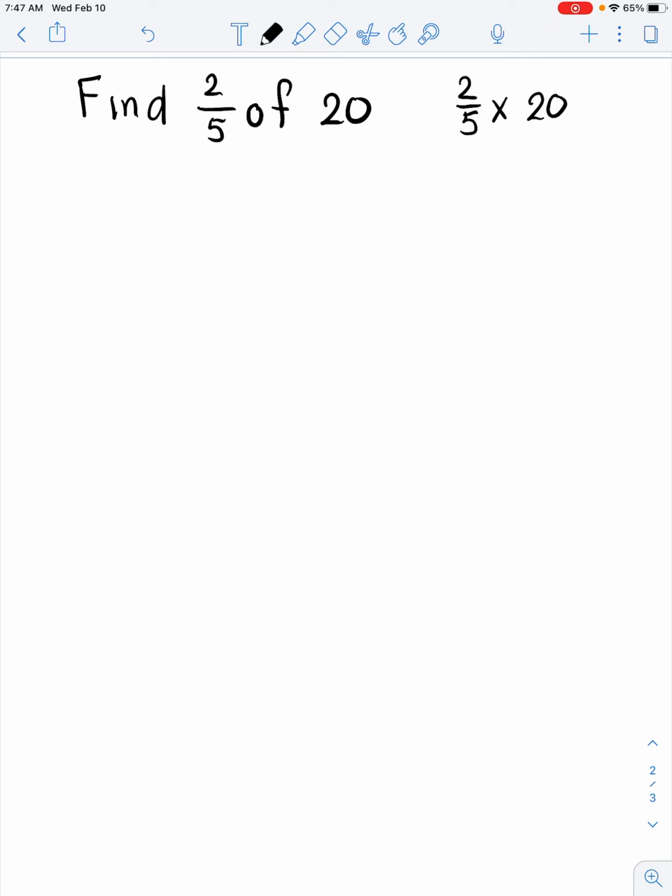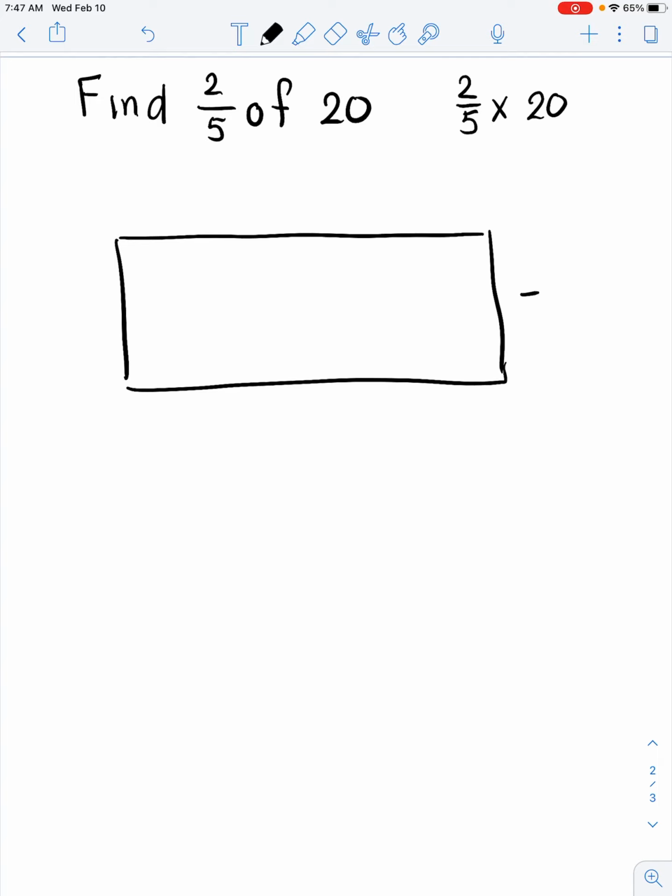All right, so let's see. We want 20 is our total, our whole, so the whole thing is equal to 20. My denominator in the fraction, of course, is always telling me how many equal parts are in the whole, so there are 5.